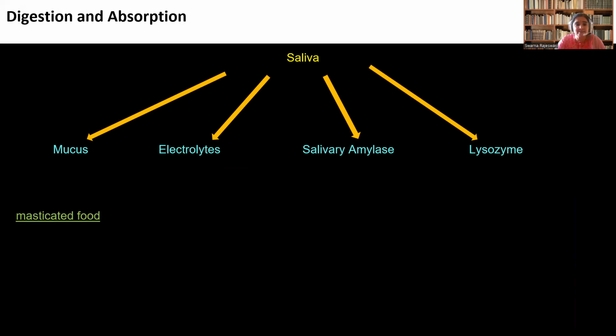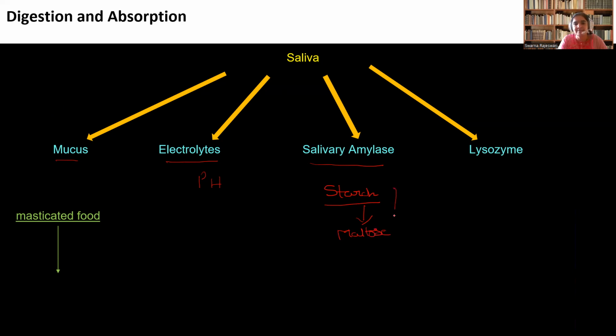Coming to mucus, what is its function? Mucus helps in maintaining the lubrication of the food. What is the function of electrolytes? They maintain the pH. And what is the function of salivary amylase? Salivary amylase mainly acts on carbohydrate, that is starch, and converts starch into maltose.